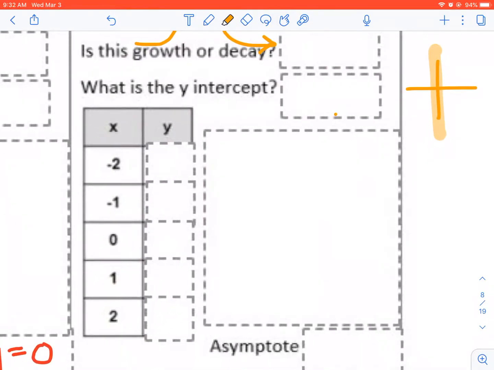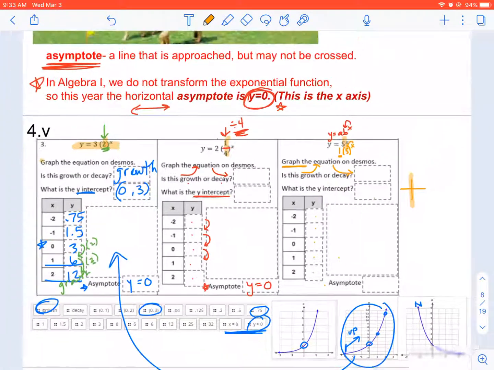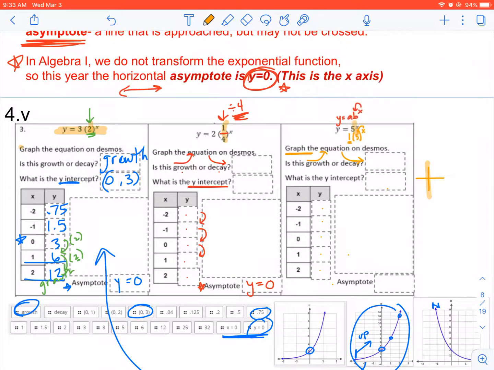You can change your equation to a table so that you can fill in all of these values. Match those values to get your graph. And then remember, your asymptote is always going to be the same in Algebra 1, and you have some choices down there that you can pop in if you want to type those in and check.